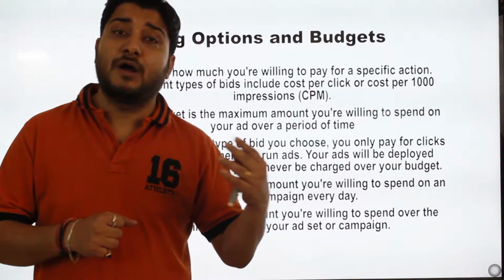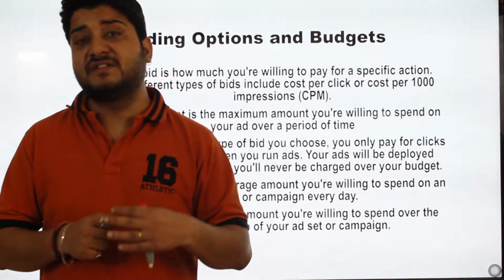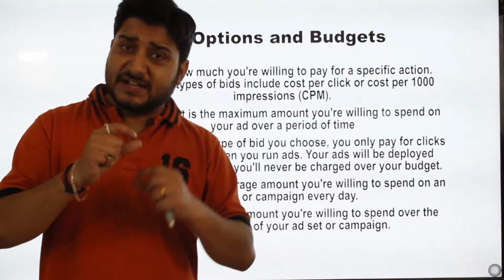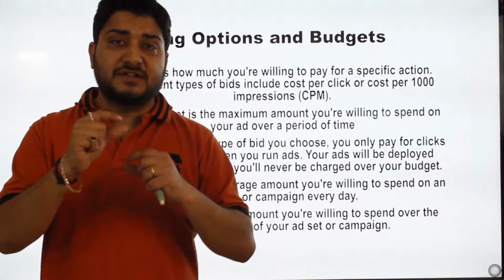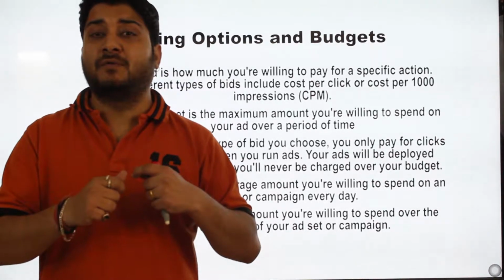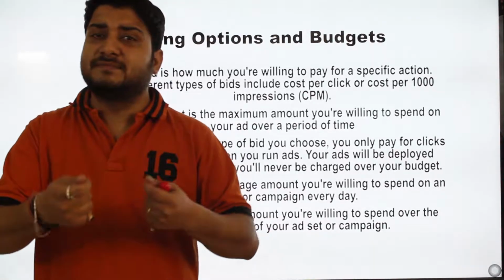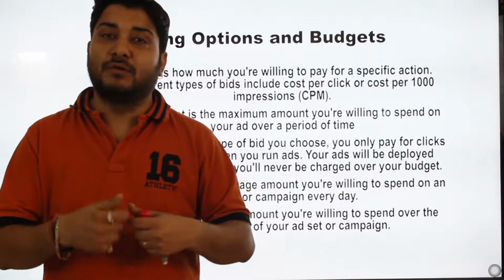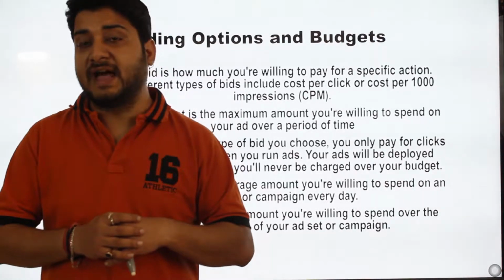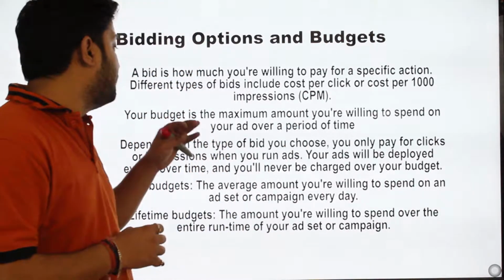It depends again upon the targeting and the location that you're selecting. So the system automatically adjusts the bidding cost depending upon the targeting, time, and what you are bidding for. The system automatically calculates at the back end its own cost that you have to pay for displaying the ad.